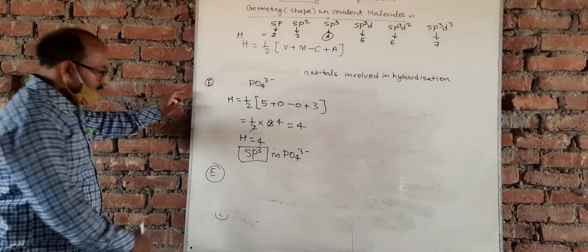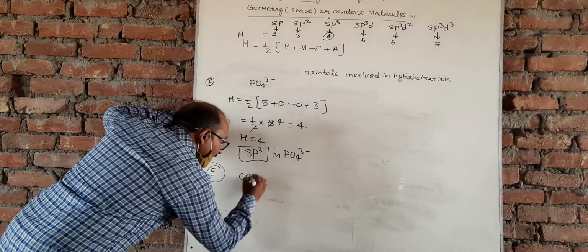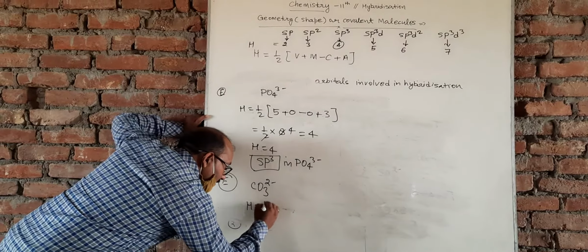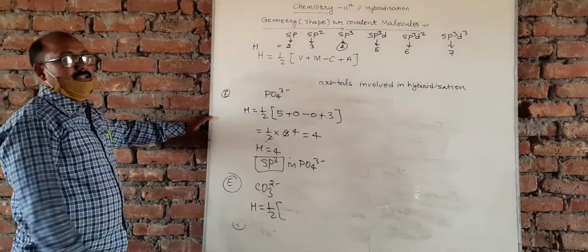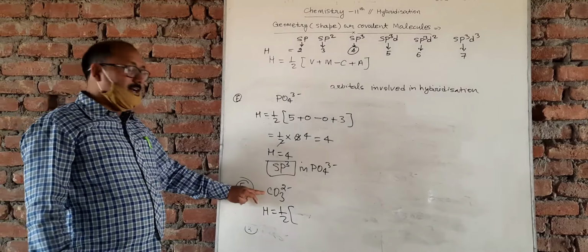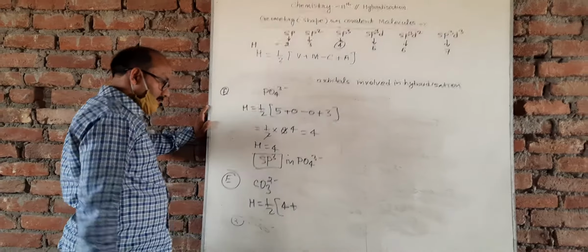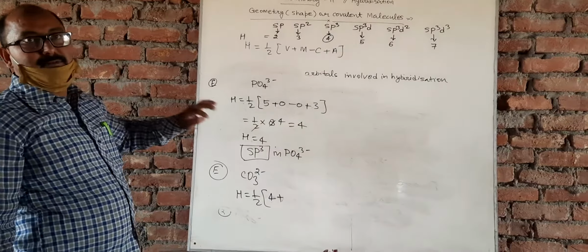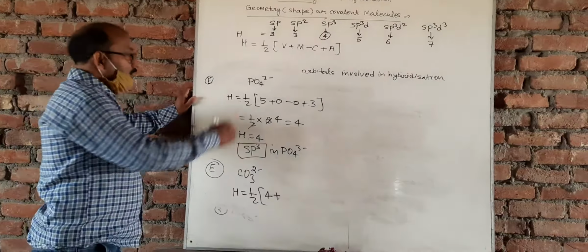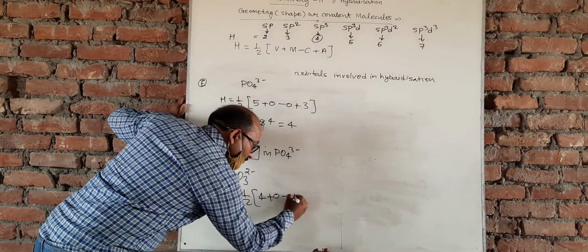Let us take another example, the carbonate ion. What kind of hybridization does the carbonate ion have? We calculate H equals 1 by 2, and the central atom carbon has 4 electrons, so V equals 4. Oxygen is a divalent atom, so the monovalent atoms are 0, the cation is 0, and the anion is 2.